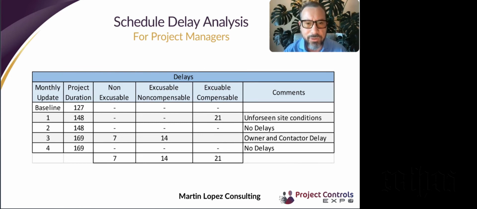We have an excusable non-compensable delay of 14 days, which means there is a time extension of 14 days, but there is no compensation. We have an excusable delay of 21 days, which means a time extension of 21 days and compensation to the contractor.